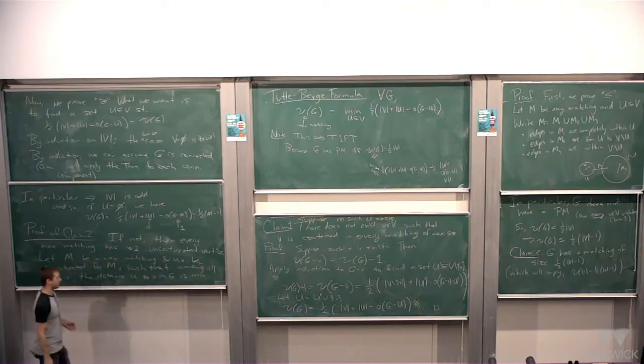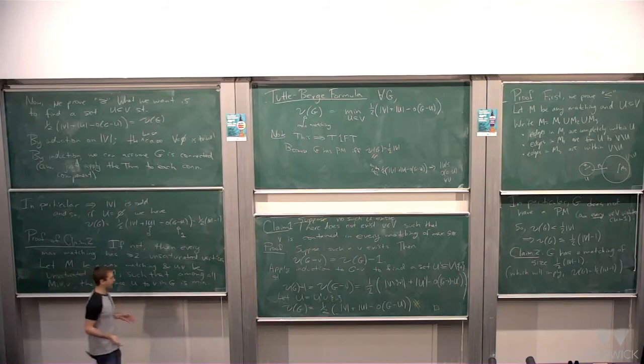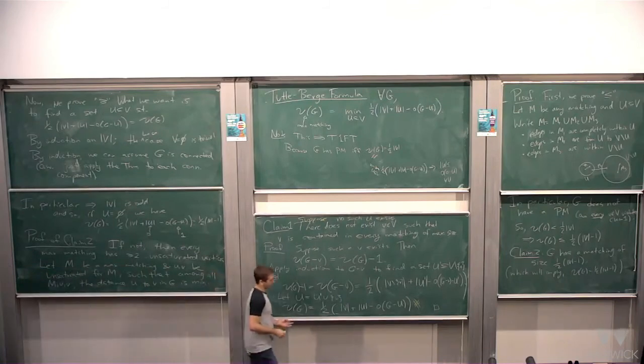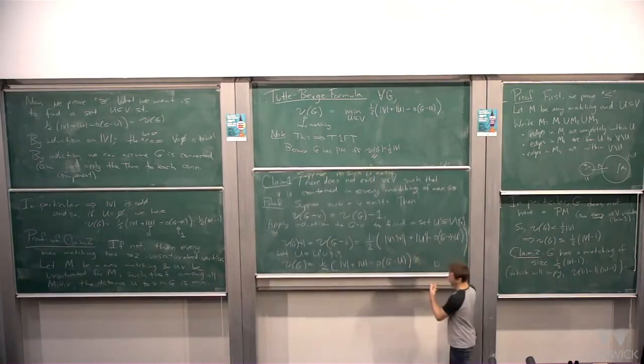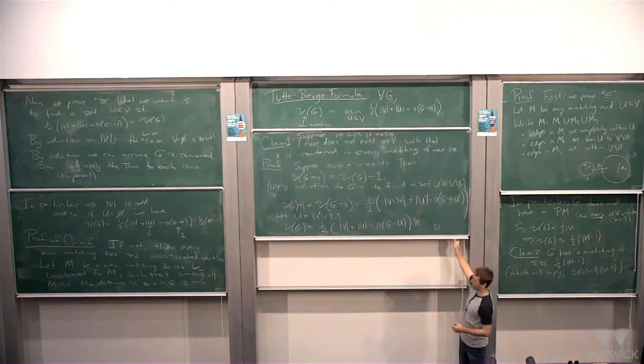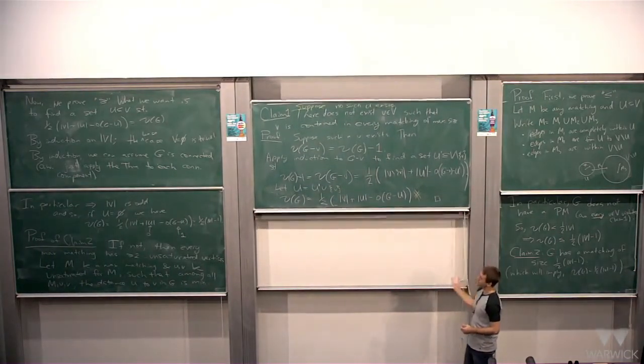So it's minimized. Right? So among all the possible matchings, all the possible pairs of unsaturated vertices, we pick them so that they're as close in the graph as possible. Okay.